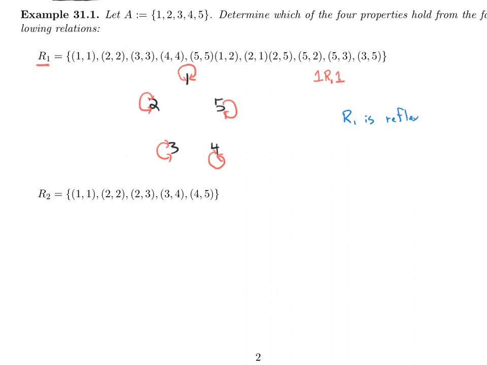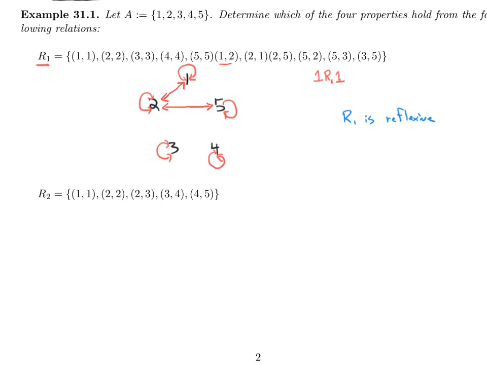We know that just from the first 5 elements of our relation. Let's see the other ones. We have 1 is related to 2. So I'll draw an arrow starting at 1, going to 2. 2 is related to 1. We have 2 is related to 5. 5 is related to 2.